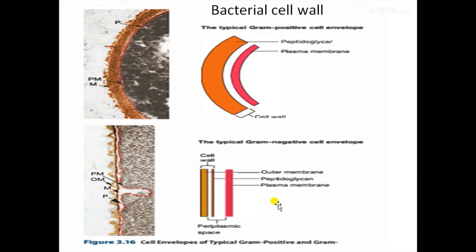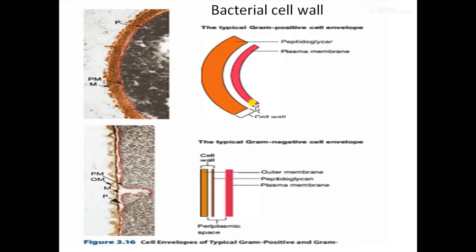Today in this session, I would be mainly explaining the difference in the cell wall structure of gram-positive and gram-negative bacteria. Both of them have a common peptidoglycan layer, and when an outer membrane is found additional to the peptidoglycan layer in some bacteria, they are considered gram-negative bacteria.